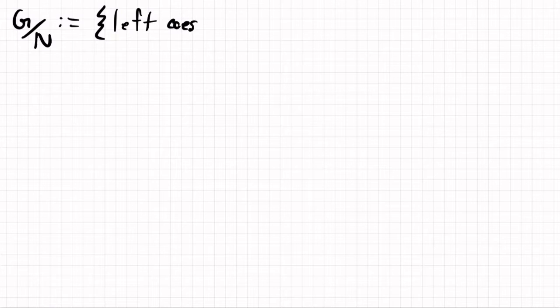So we're trying to prove that the set G mod N, which is the set of left cosets of N, is a group, right? Where N in G is a normal subgroup.